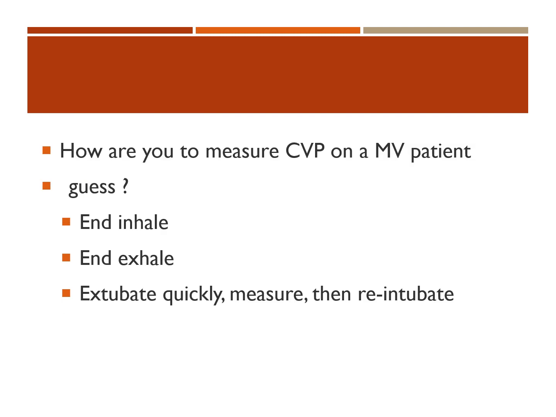How are you to measure CVP on a ventilated patient? Do you guess? Do you measure it at end inhalation? Do you measure it at end exhalation? Or do you just extubate them, measure it, and then reintubate?